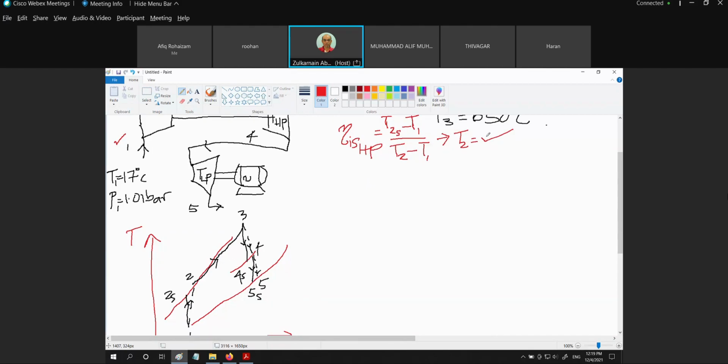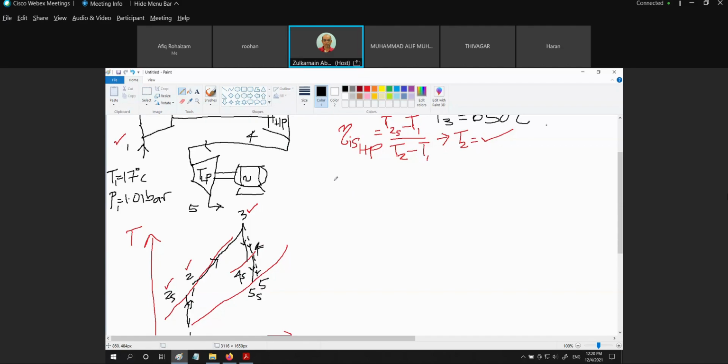Now, next, T3. What is T3? T3 is given. This is solved. T3 is given. Right. What do you think we are going to get next? We are going to get 4s or 4? 4s. How do we get 4s?